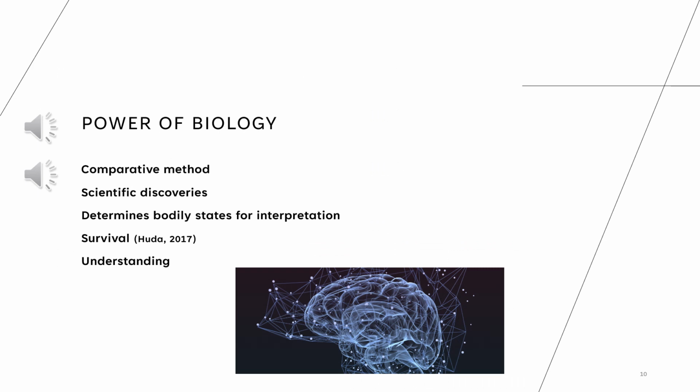We've gone through a lot of biological aspects to emotion, and I think it's very significant to understand the absolute power that biology does hold. The power of biology lies in a lot of aspects. It aids emotions to be explained, the way we express them, the way we understand them, the way that we practice them, and more.